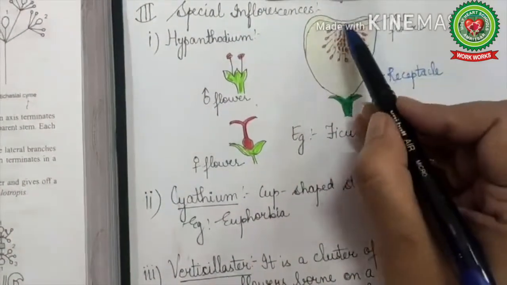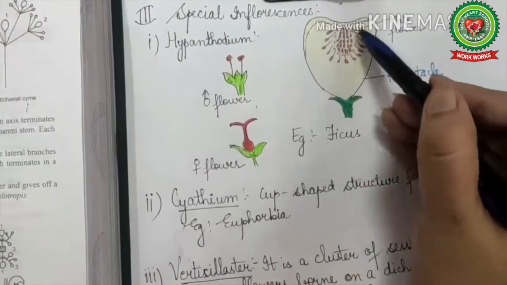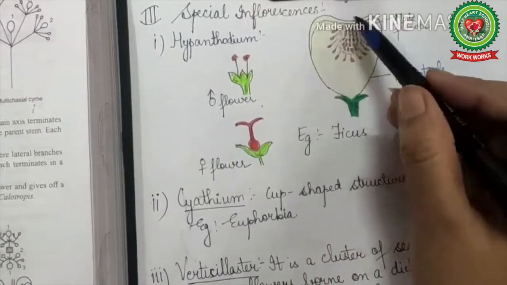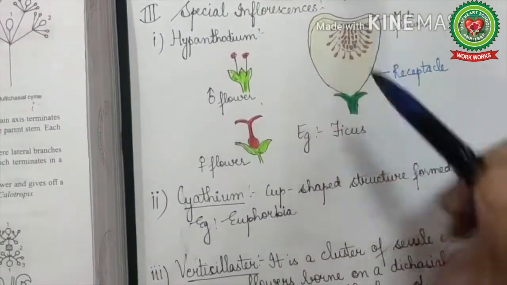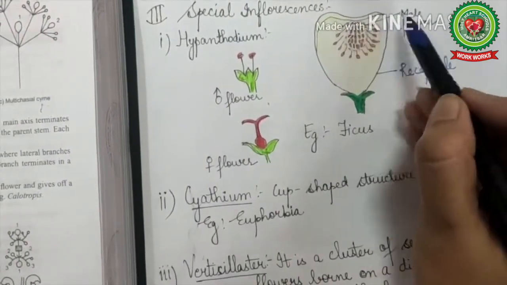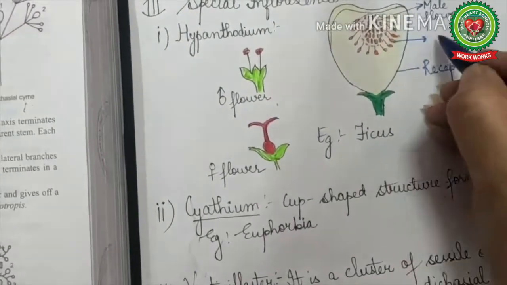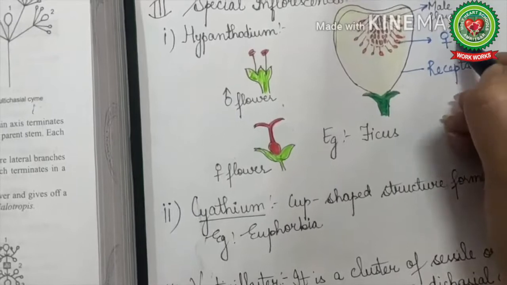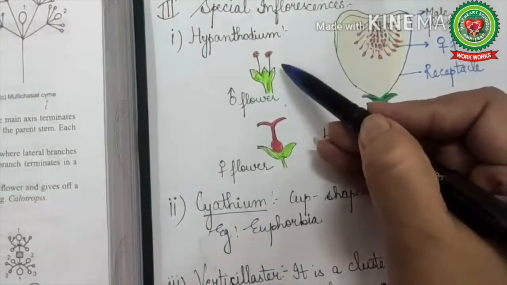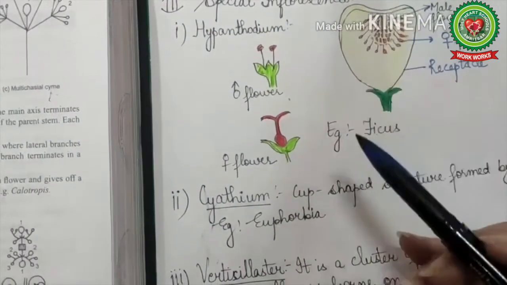With an apical opening, meaning at the apex, at the tip, it has an opening, and it has two types of flowers arranged inside. Flowers are present on the inner wall of the cavity enclosed in the cup. Here we have two kinds of flowers. The ones labeled in the center are known as male flowers, and the ones labeled on the side are considered female flowers. I have drawn individual structures to clarify the same. The male flowers are present in the center, and the female flowers are present on the boundary.